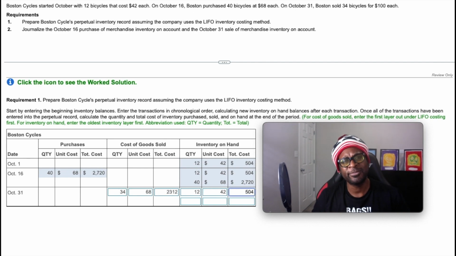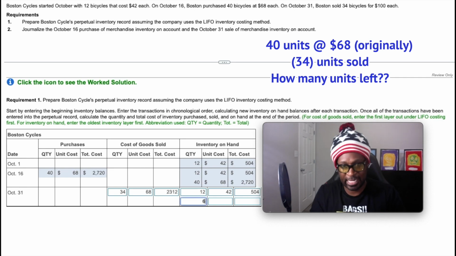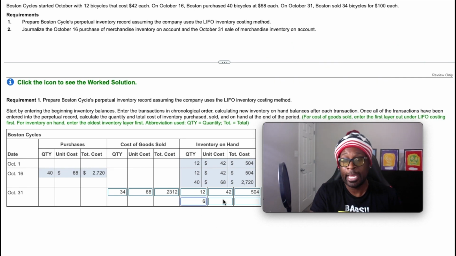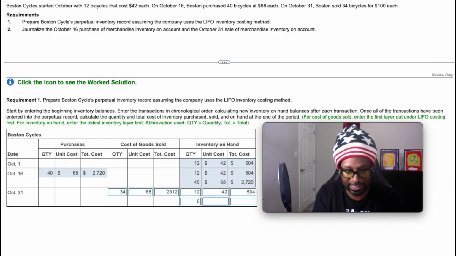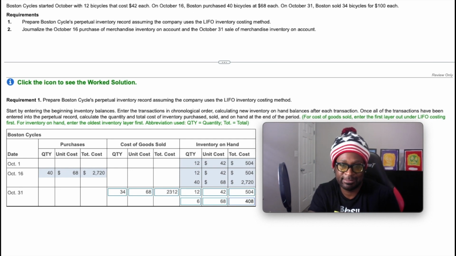And we still have some units left from the October 16th purchase of 40 units. We only sold 34. So if we subtract 34 from 40, that gives us 6, gang. 6 units we have left in ending inventory at a cost of $68, which gives us a total cost of $408. We're going to check that answer.